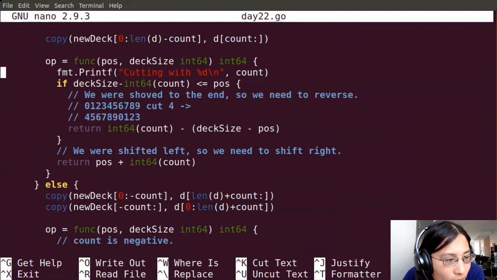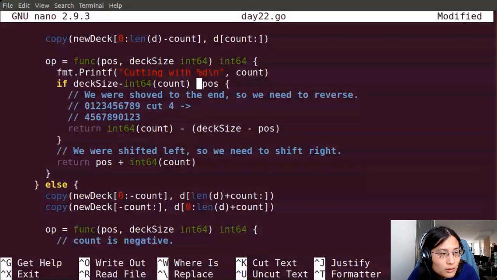Deck size minus 64 count is... oh, man, that's my problem right there.